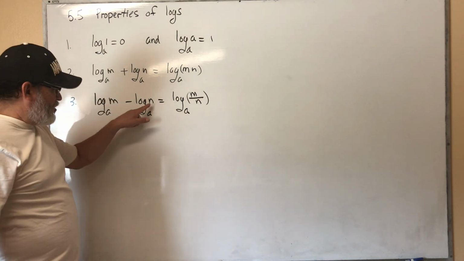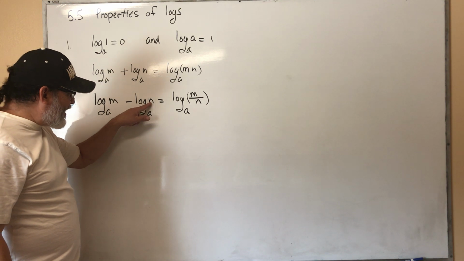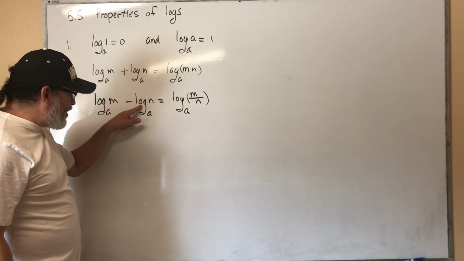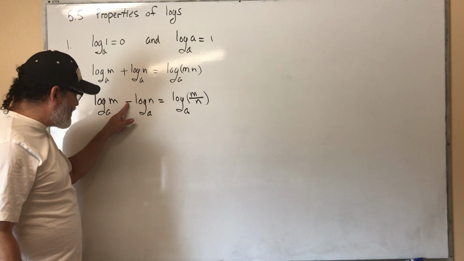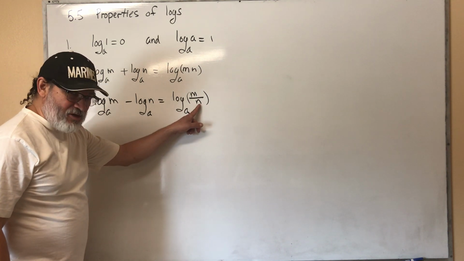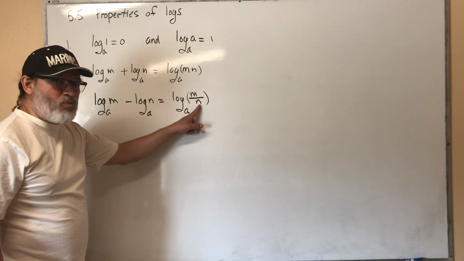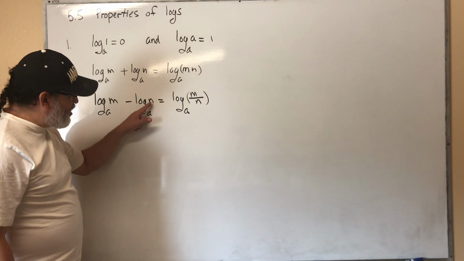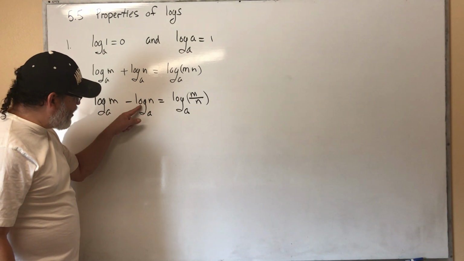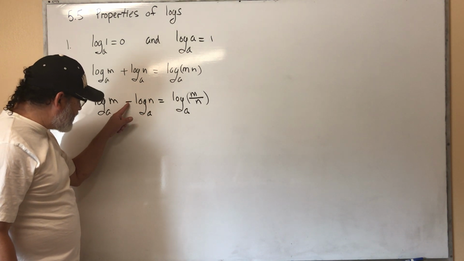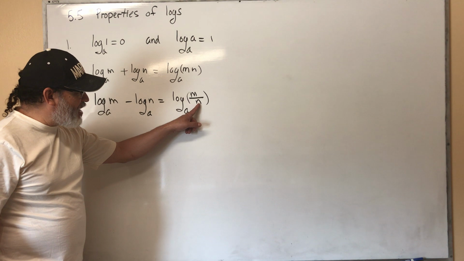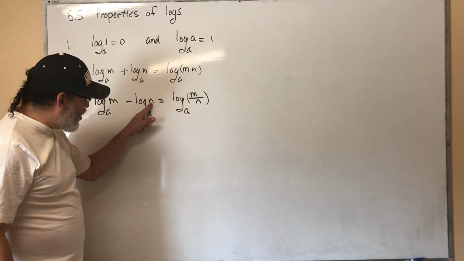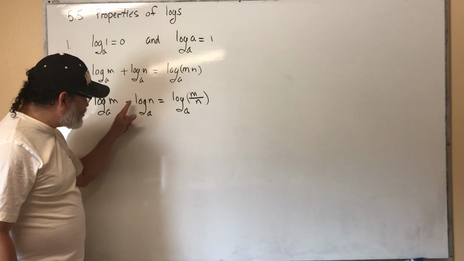Note, the argument of the log that's being subtracted is in the denominator. So this is the quotient rule. Once again, the argument of the log being subtracted is in the denominator. This n is the argument of the log being subtracted.